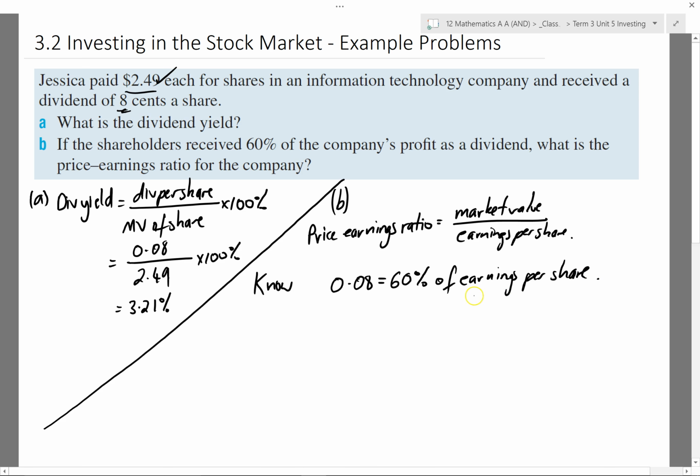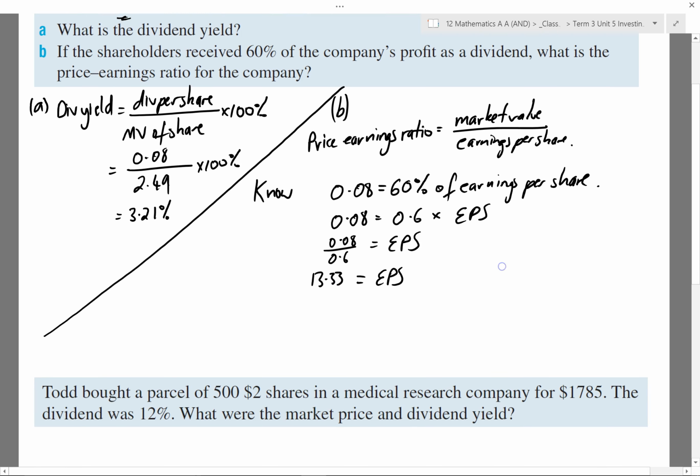So I want to know how much did the company actually earn per share if they're only giving me 8 cents. So I'll know that 8 cents is 0.6 of the earnings per share. To get the earnings per share by itself, I'll divide both sides by 0.6. End up with an earnings per share of 13.33 cents. So now I can go ahead and calculate my price earnings ratio.